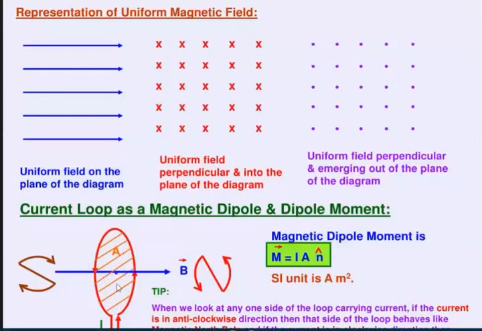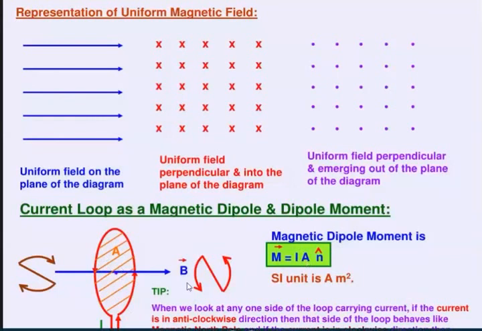So the dipole moment associated with a single isolated current carrying loop is expressed as the product of the current flowing through it and the area enclosed by the loop. So I into A is called the magnetic dipole moment associated with a current carrying loop.